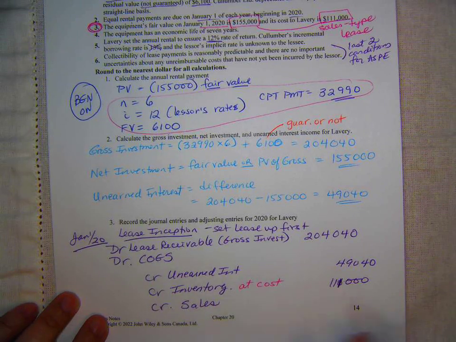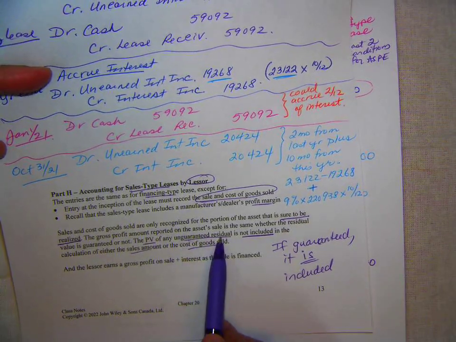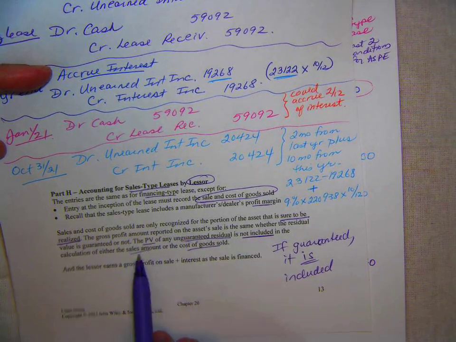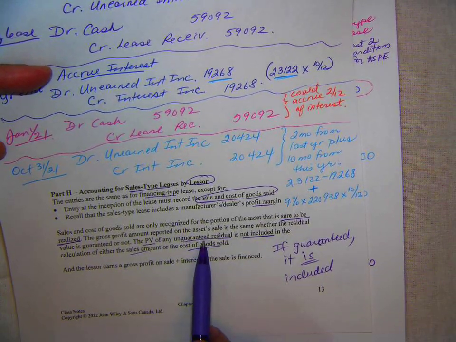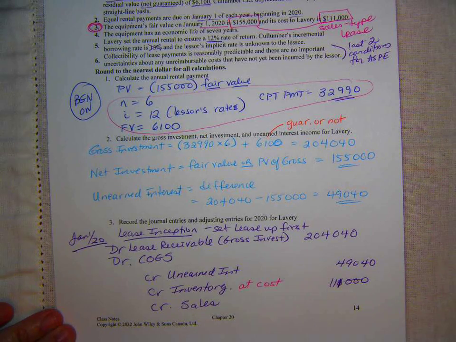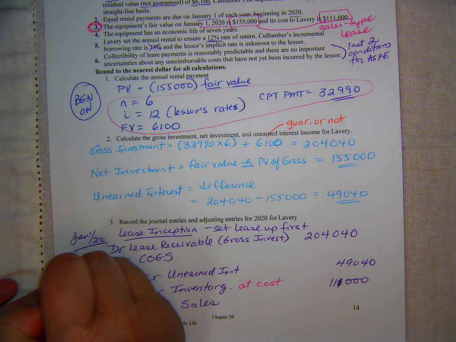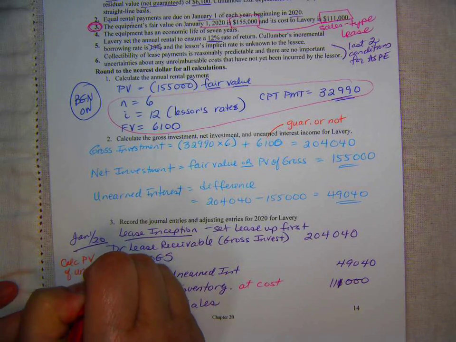We need to know the present value of the unguaranteed residual, because on the last page, we said unguaranteed residual is not included in sales and cost of goods sold. So we have to take it out. But we need the present value. So over here we're going to calculate present value of unguaranteed residual.